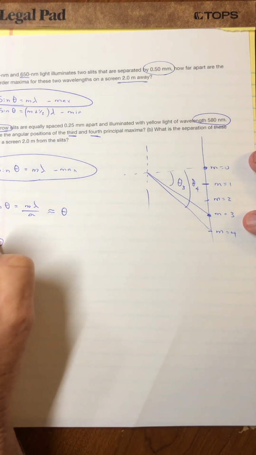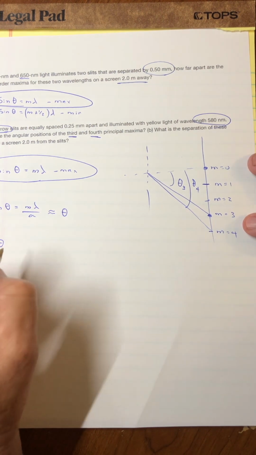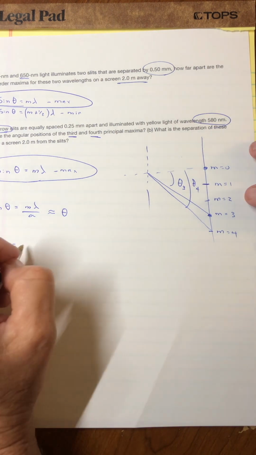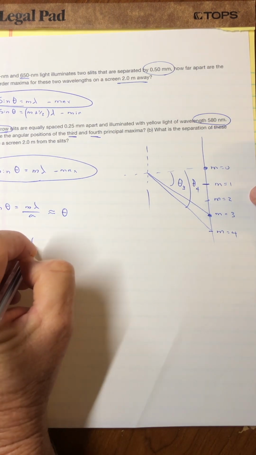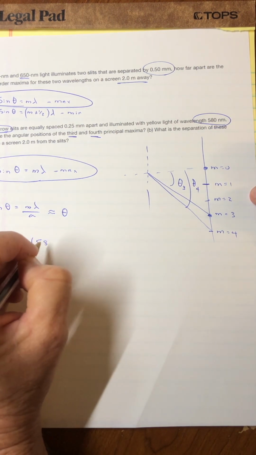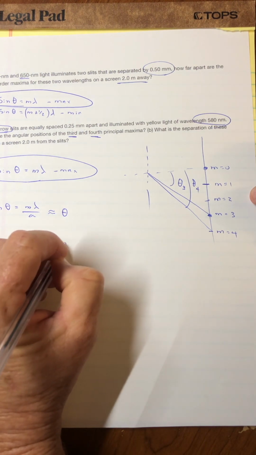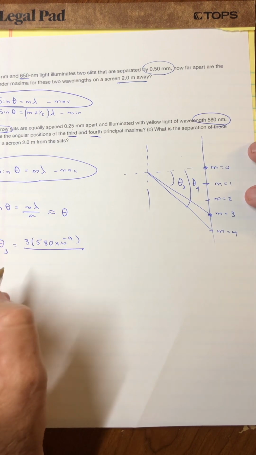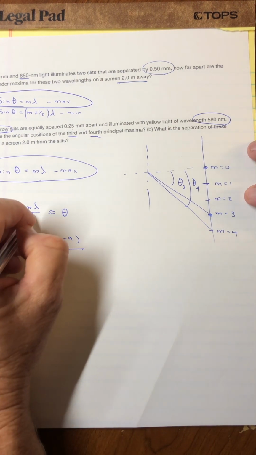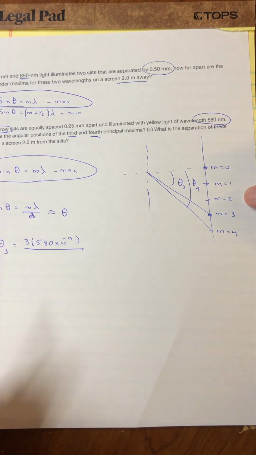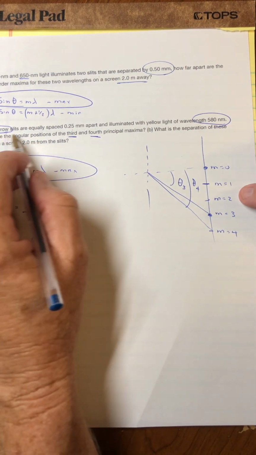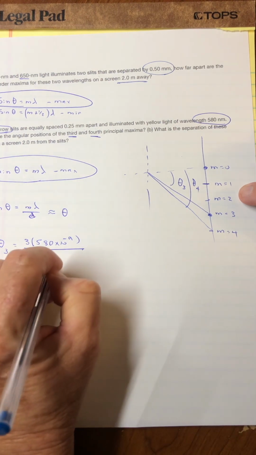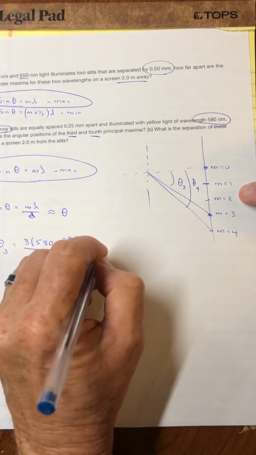And so mathematically I would do this. Theta 3 equals 3 times the wavelength, 580 nanometers, divided by, whoops, I meant to put a d there, divided by d, equally spaced at 1/4 of a millimeter.